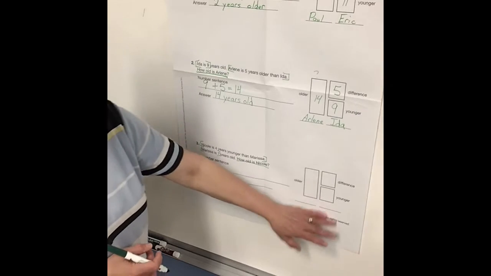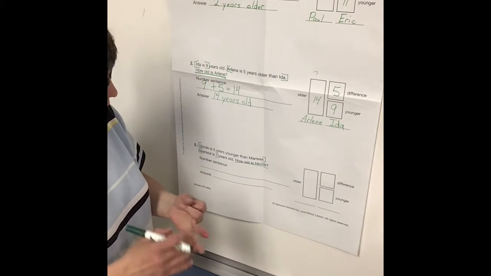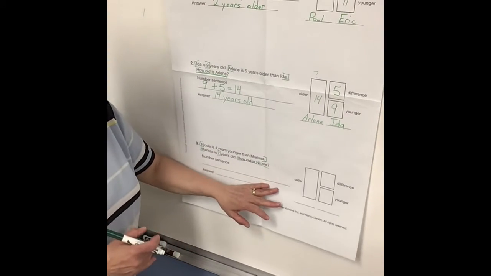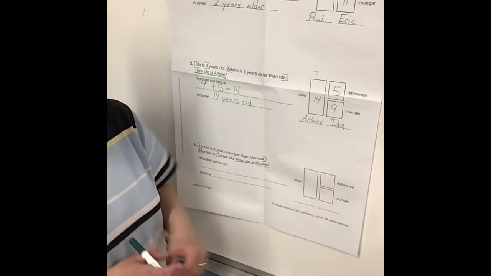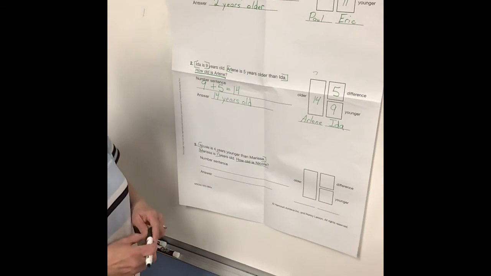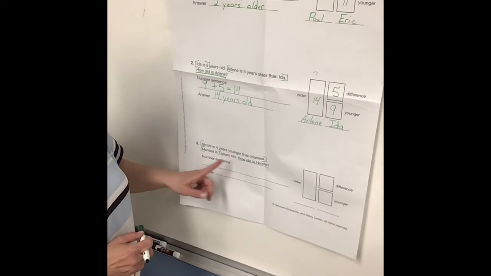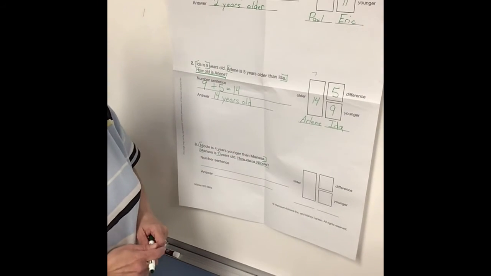Okay, now who or what are we comparing? Right, we're comparing Marissa to Nicole. Now, which way should we put the Marissa and Nicole names? Marissa is 7 years old and Nicole is 4 years younger than Marissa.